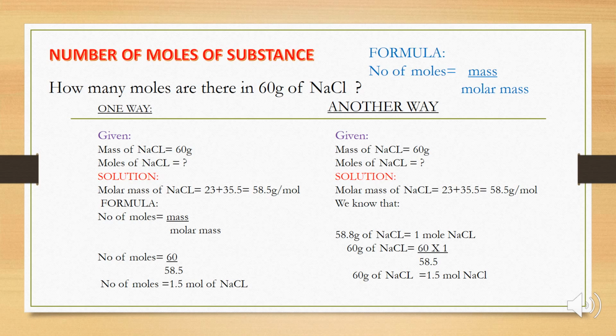And we know that when we convert the formula unit mass into grams, it's equal to 1 mole. So here, in 60 grams of sodium chloride, how many moles will there be? By doing the cross multiplication here, we can easily find the number of moles of sodium chloride in 60 grams of sodium chloride, that is equal to 1.5 moles of sodium chloride.